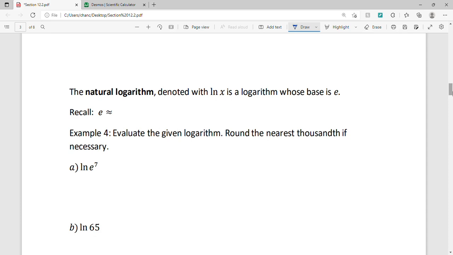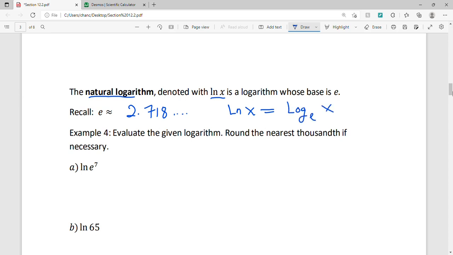Sometimes we don't use a base of 10, we use a base of e. The natural logarithm, denoted with ln x, is a logarithm whose base is e. Recall e is an exponential constant located on your calculator. It's approximately 2.718 and so on. So when we write the natural log of x, this is log base e of x.